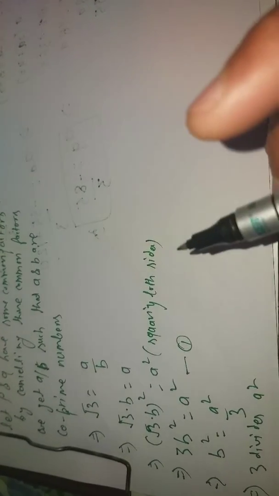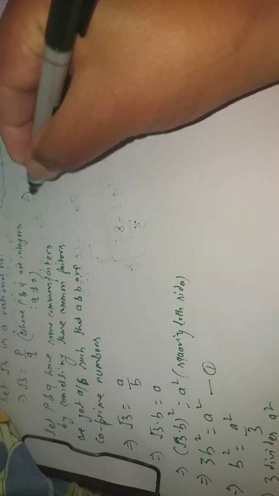Now if 3 divides a square, so 3 will divide a also, because earlier we have done a theorem that if p divides a square, so p will divide a also. Same way here also. If 3 divides a square, so 3 will divide a also. So it implies 3 divides a also. Okay.